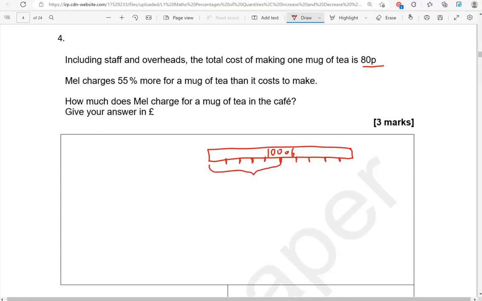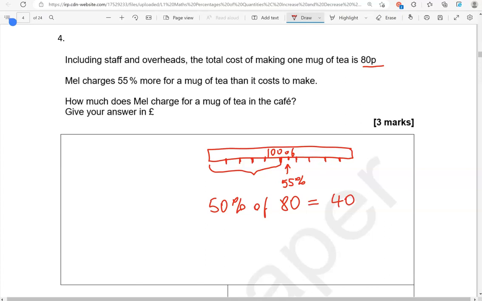So this is 50%. This point will be 55%. So what we can do is work out 50% and then add 5%. 50% of 80, that is half of it, which is 40.